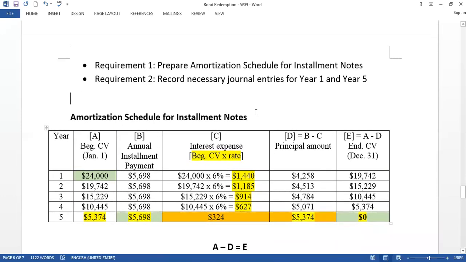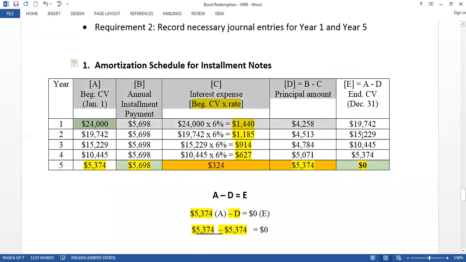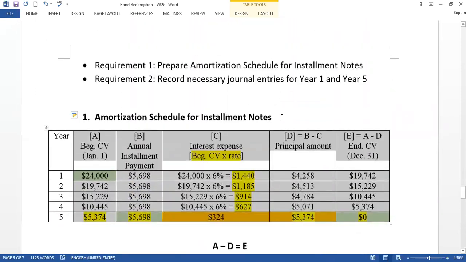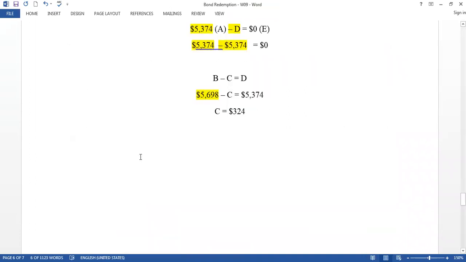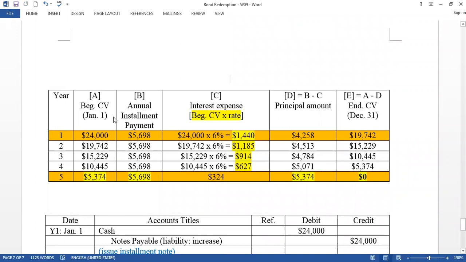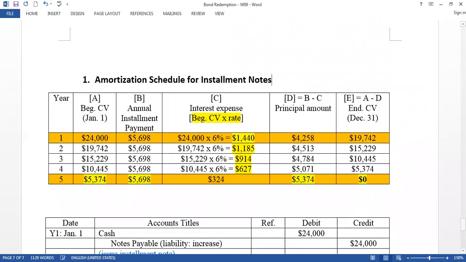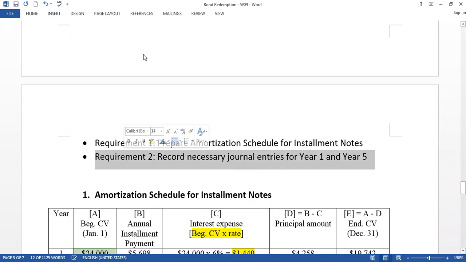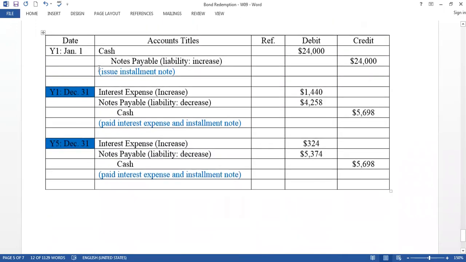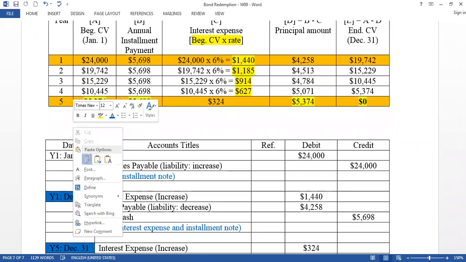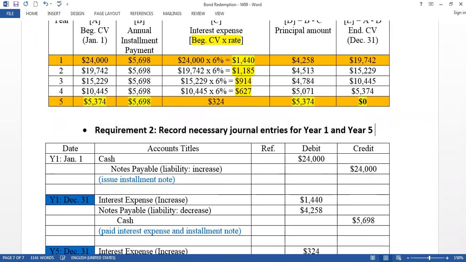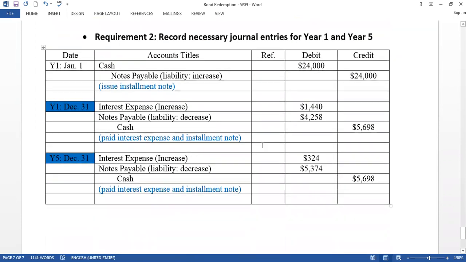In this case, this is requirement 1, where you prepare this schedule, and this is requirement 2. So requirements 1 and 2 are done.